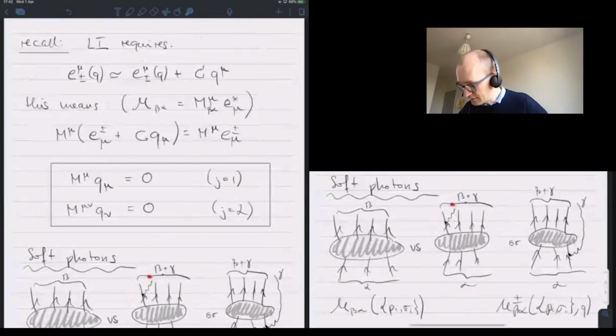But now what used to be just the outgoing line has been chopped into two, and only this part is really an outgoing line, whereas this part is an internal line of the diagram. So we need to add the propagator factor for it.